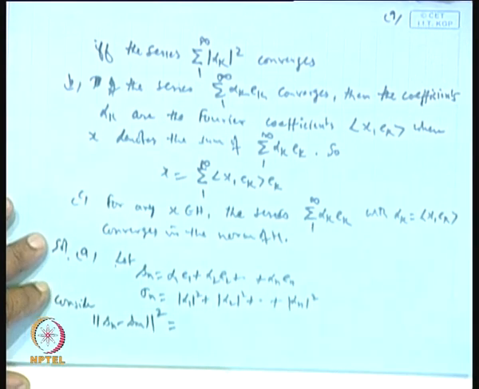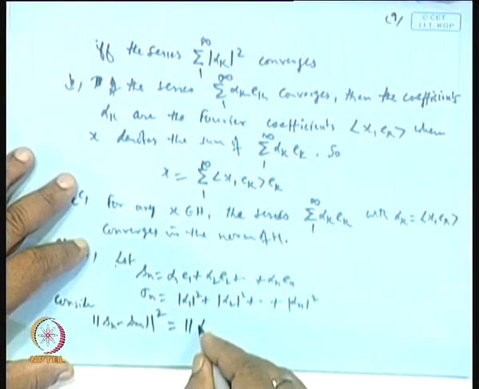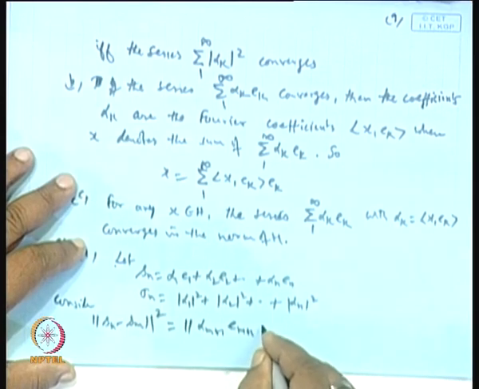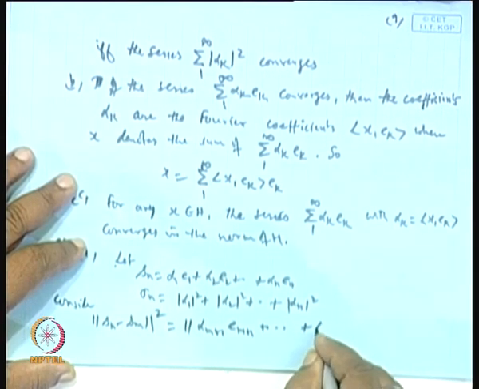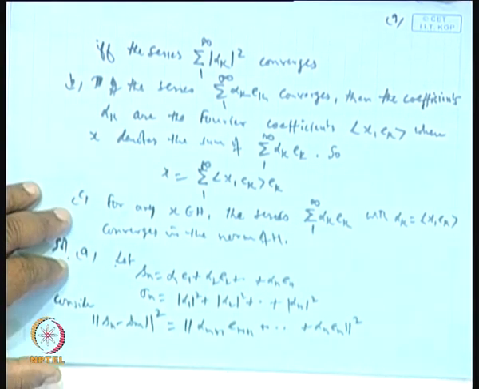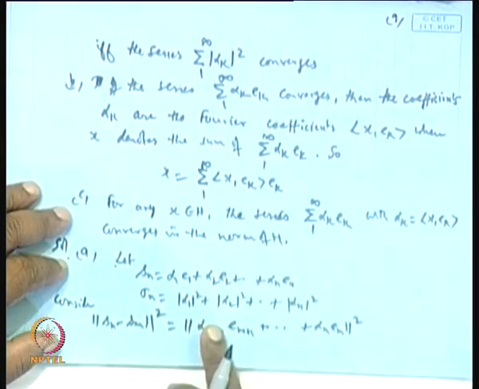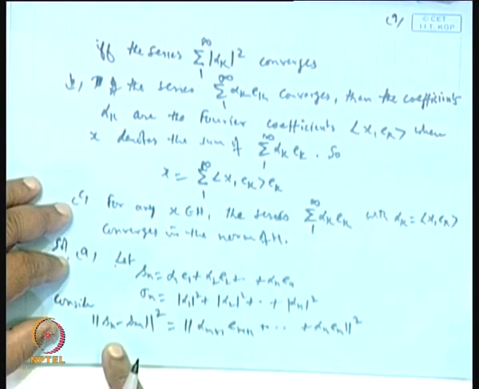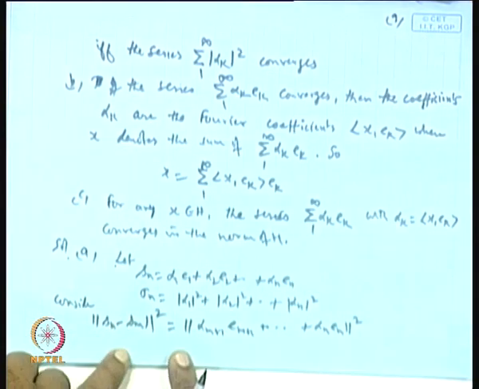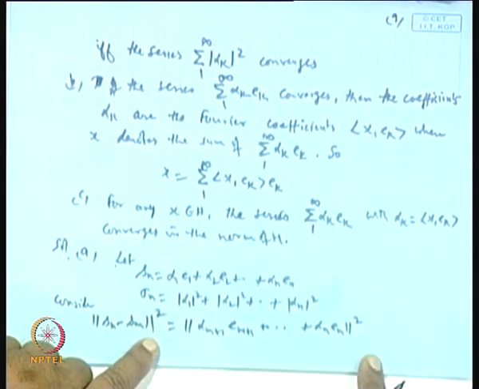The norm of S_n minus S_m squared means the norm of alpha_{m+1} e_{m+1} plus up to alpha_n e_n, squared. Because S_n is the first n terms of the series, and S_m is the first m terms, so S_n minus S_m means starting with m plus 1 up to n.